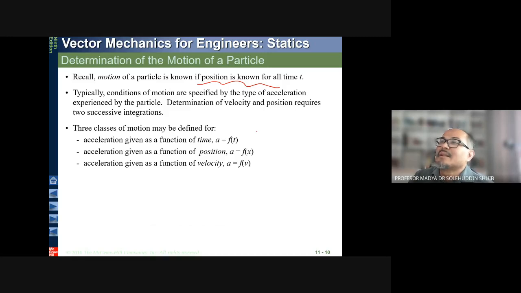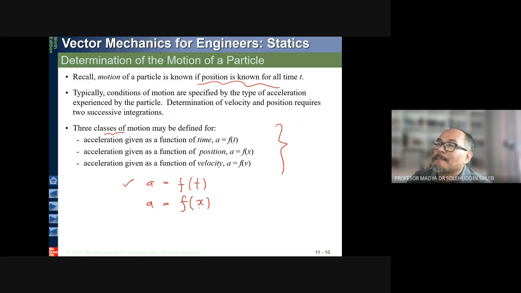There are three classes of motion when solving dynamic problems. Case number one, acceleration as a function of time. Second, acceleration as a function of position.